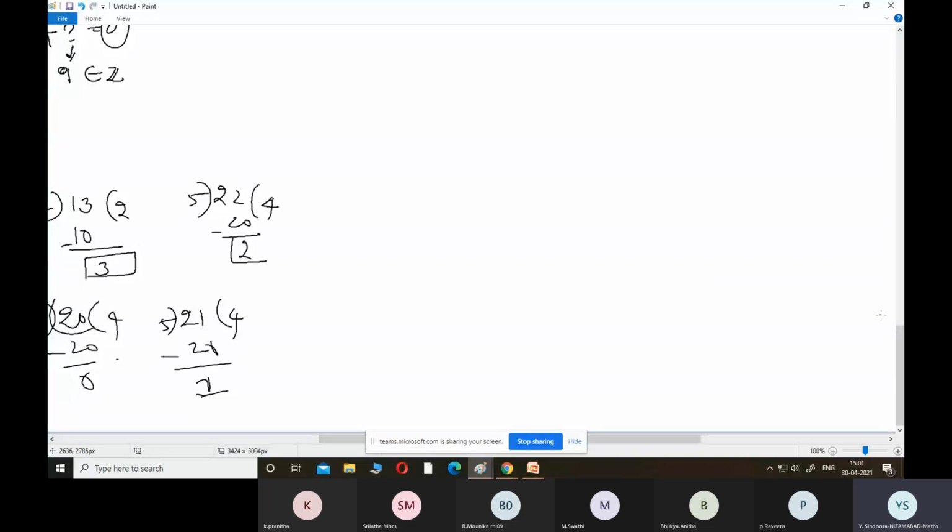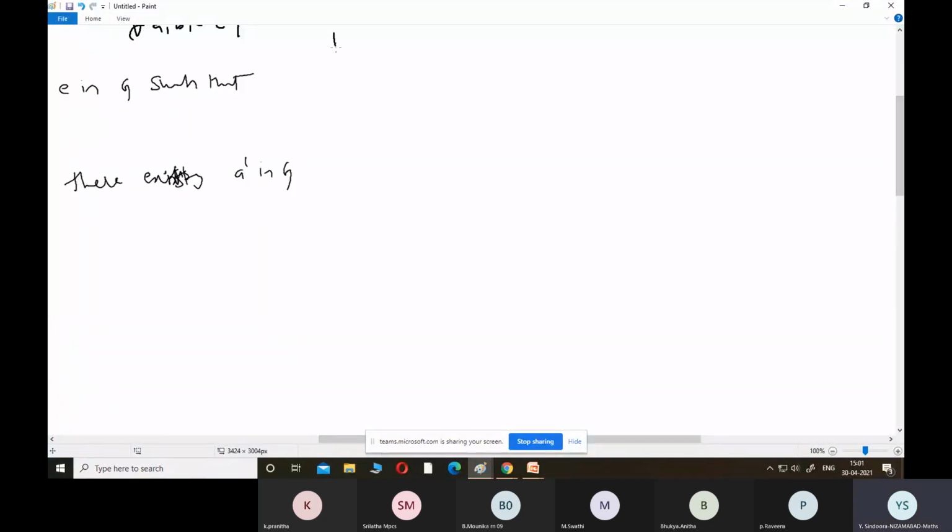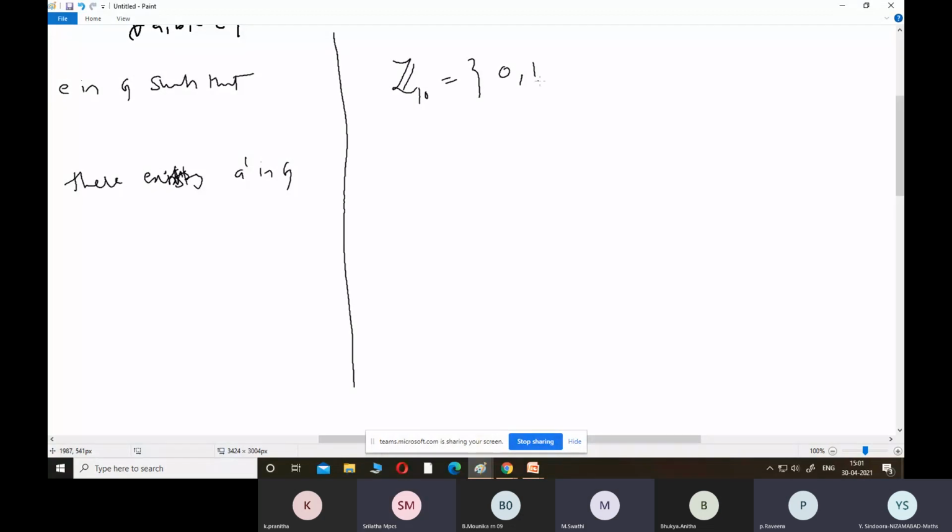Now tell me, what are all the elements of Z10? 0, 1, 2, 3, 4, 5, 6, 7, 8, 9, right? So these are the elements of Z10.